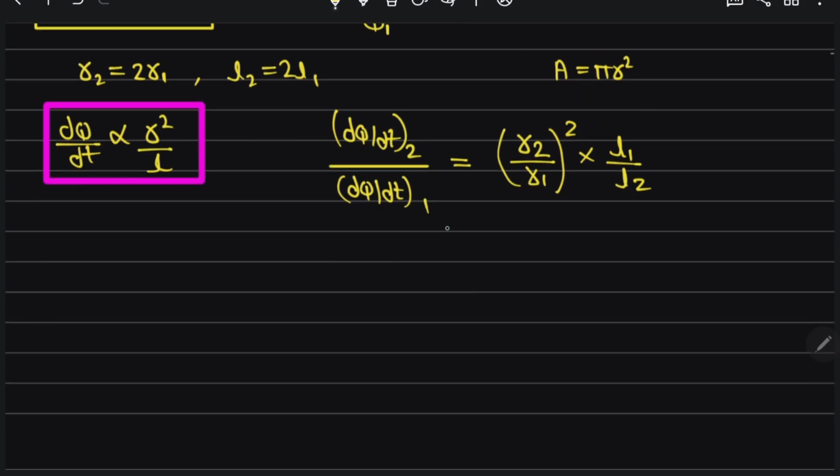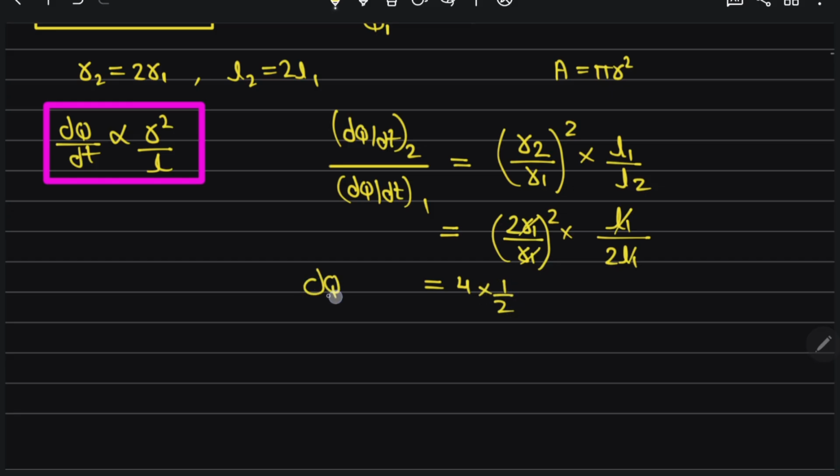R2 is 2 times R1 divided by R1 whole square, and the length becomes 2 times L1. So I cancel this out and it becomes 4 into 1 by 2.